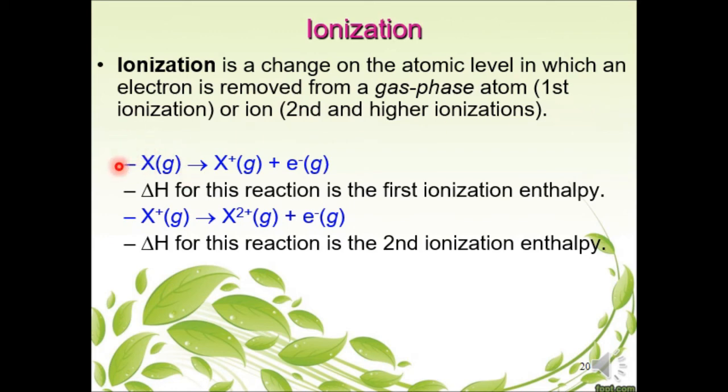For example here, this is a gas X. We remove the electron, leaving X positive, and that would be the first ionization enthalpy. For the subsequent removal, we remove the following electron from the X plus ion, so we get X2 plus plus an electron. That would be the second ionization enthalpy, and so on.